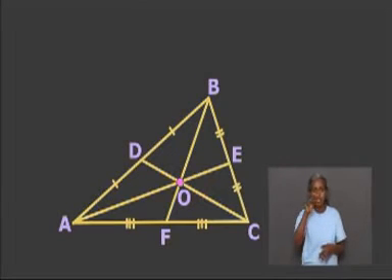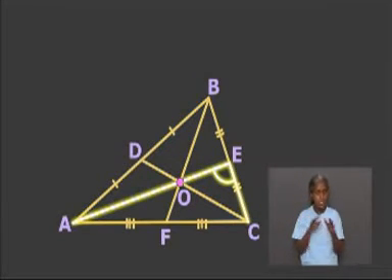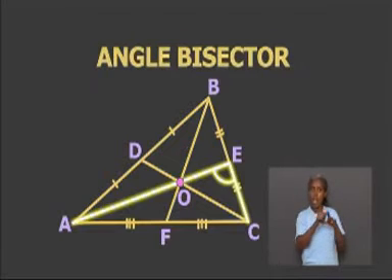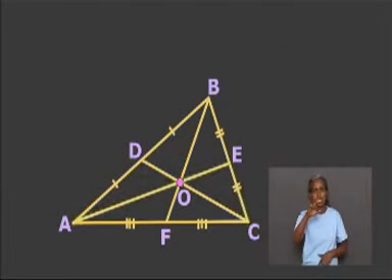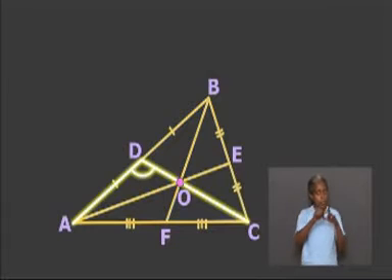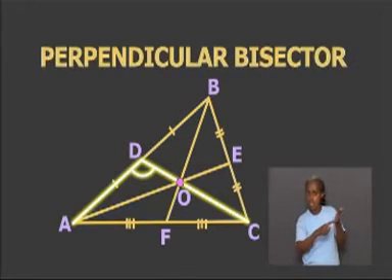We all remember that a line that divides an angle into 2 congruent angles is called an angle bisector. When an angle bisector forms a right angle with the line segment, we call it a perpendicular bisector.